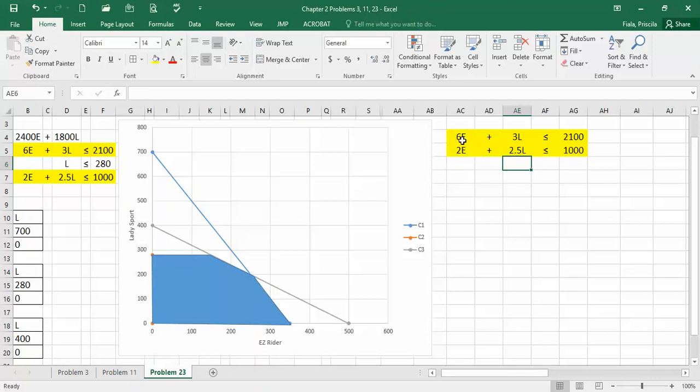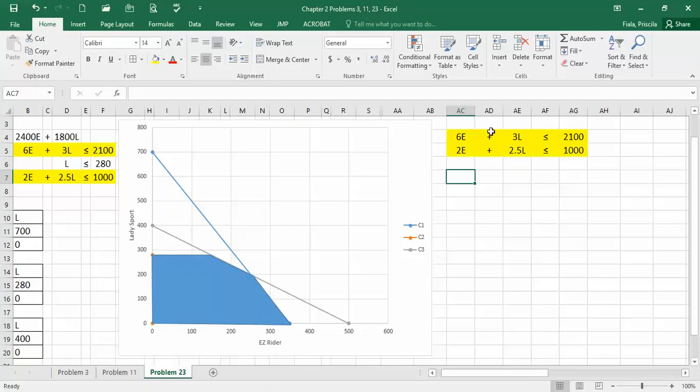For example, if here is 6e, I could multiply this second equation by -3, because -3 times 2e is -6e, and then I would eliminate e from the equation and only work with L. So once I find L, then I can have the value for E. The other way, it really doesn't matter whichever you choose that is best for you.